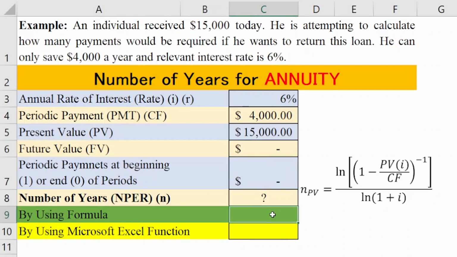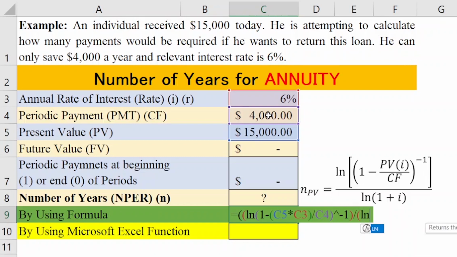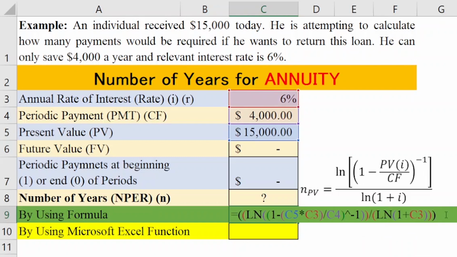Number of years is equal to log of (1 minus (present value times interest rate divided by cash flows)) raised to power minus 1, divided by log of (1 plus interest rate), and press enter.